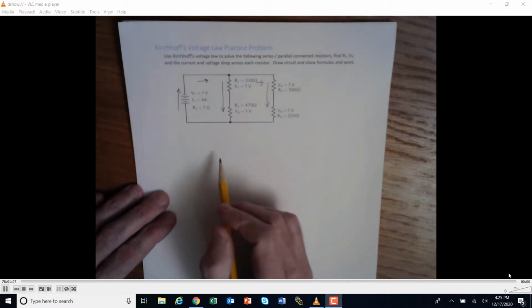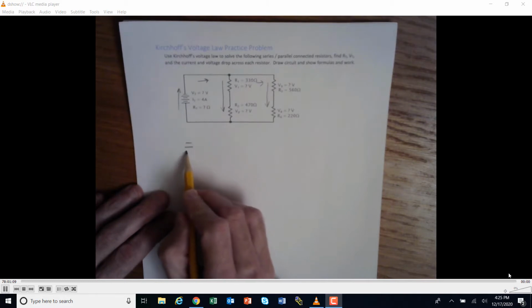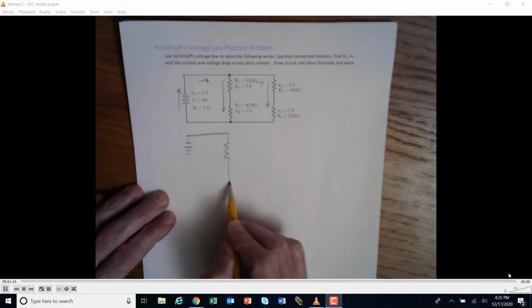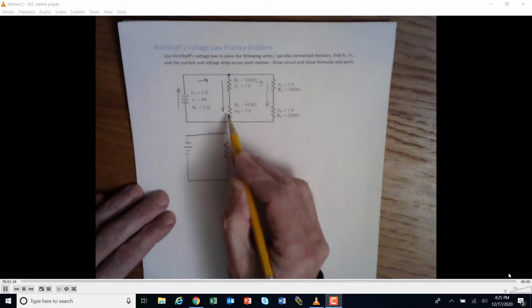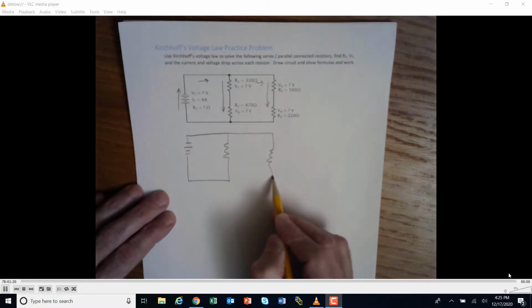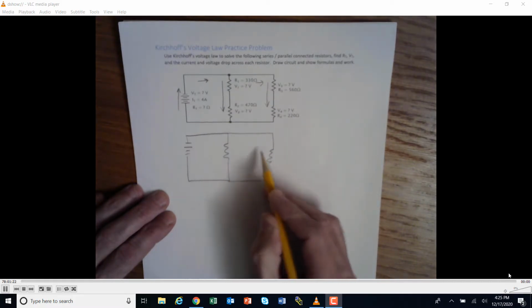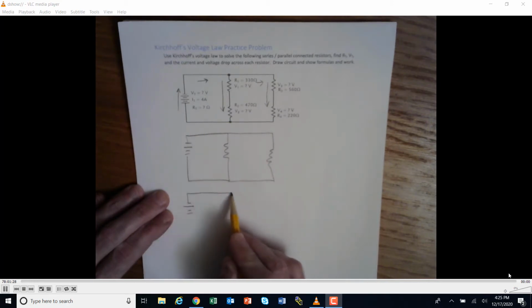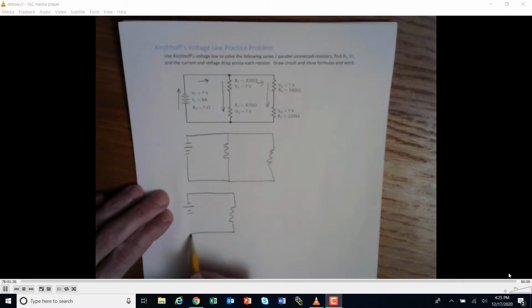Okay, and so if you remember how we did that a minute ago, we looked for series circuits and we simplified these two in series to a single one, and then we simplified these two to a single one, and then we kept going a little bit further, and then we saw that this was a parallel, and we simplified that into our total.